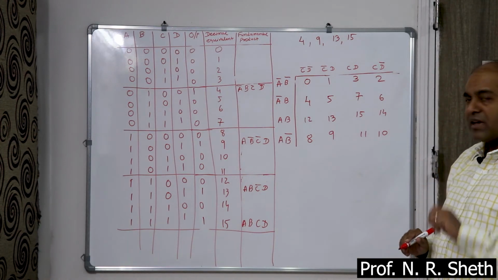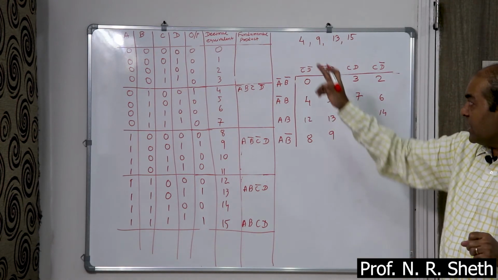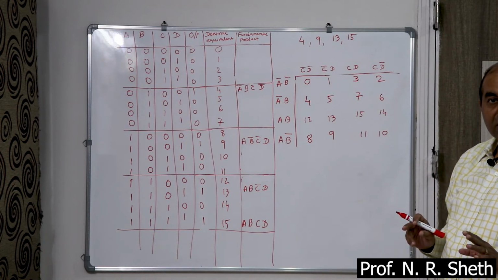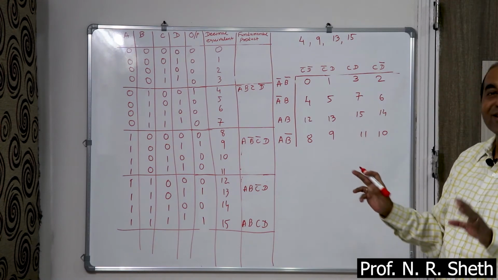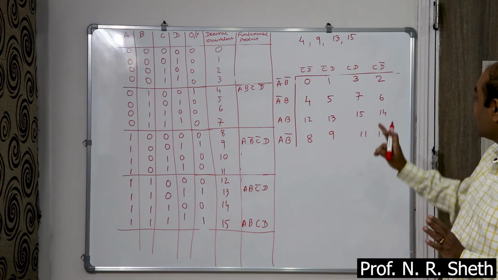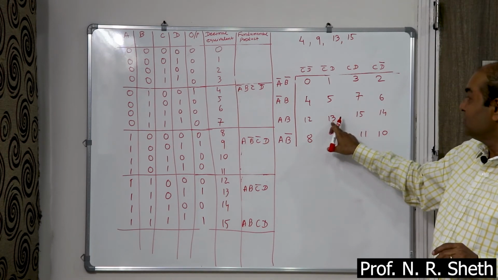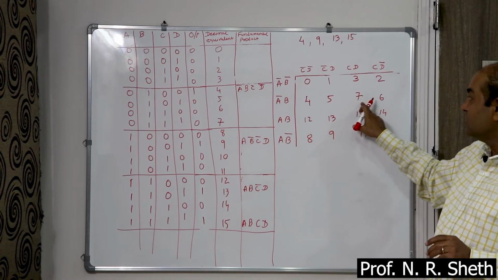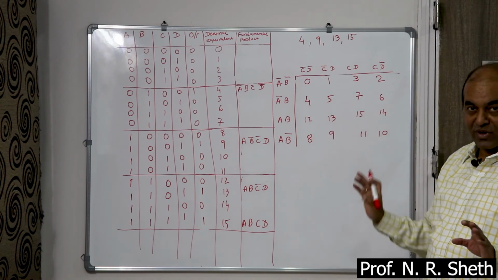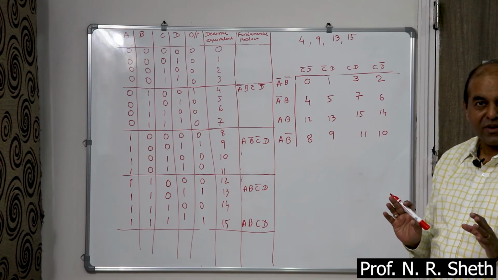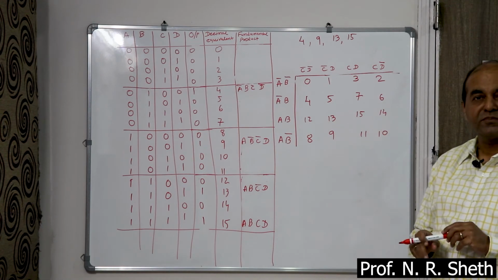So if anyone asks you, in this truth table, where is number 10? Without finding the fundamental product, you can say that 10 is here, or 13 is here, or 7 is here, or 4 is here. So you can also use this technique. Copy down this.